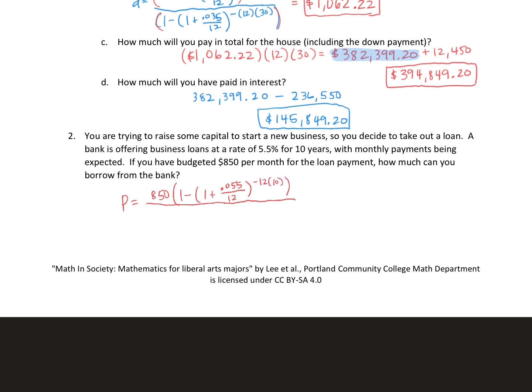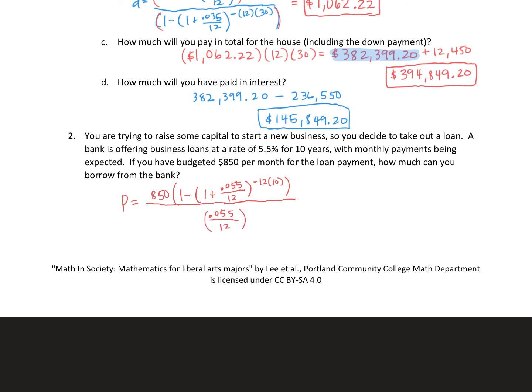So N is 12 and T is 10. Over R, so let me make sure that's clear, 0.055 over N, which is 12.